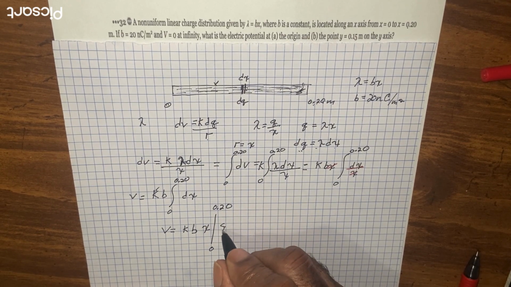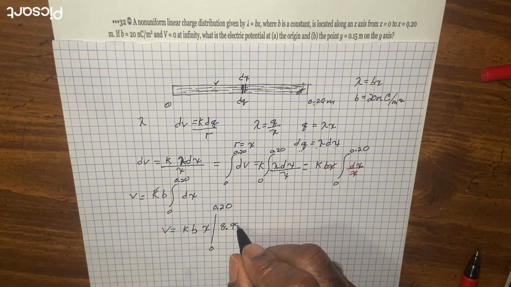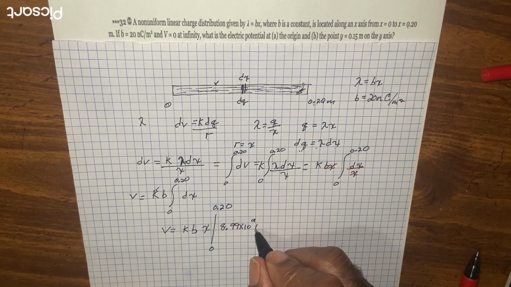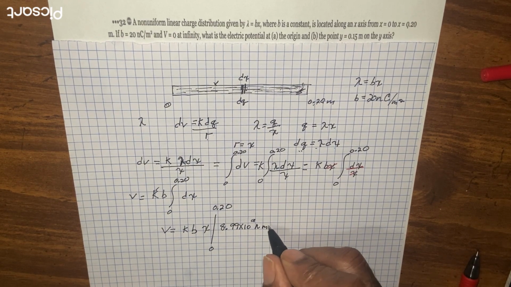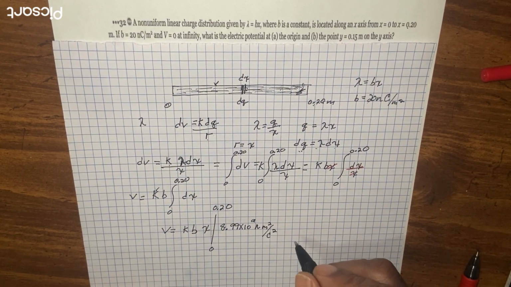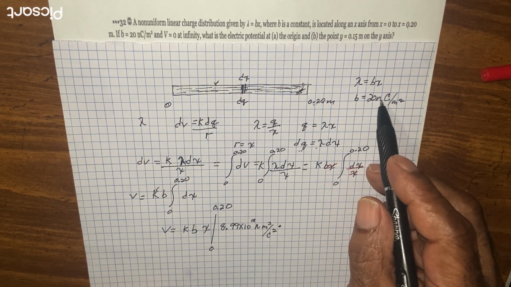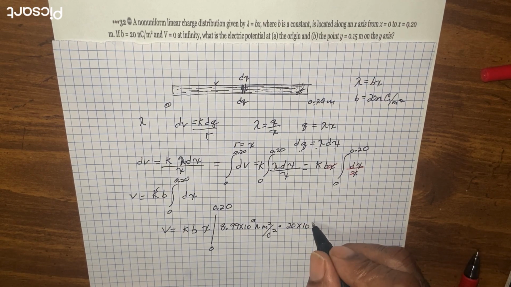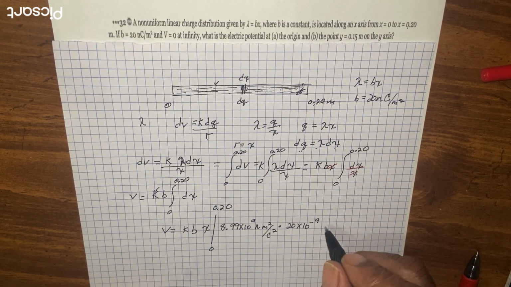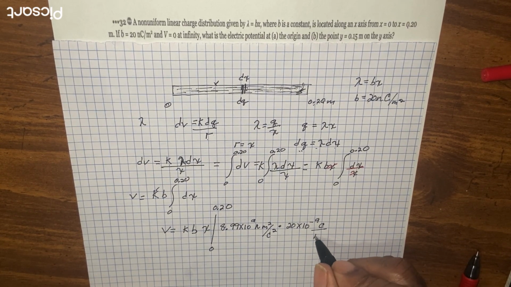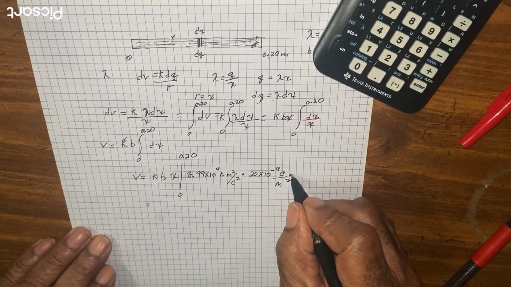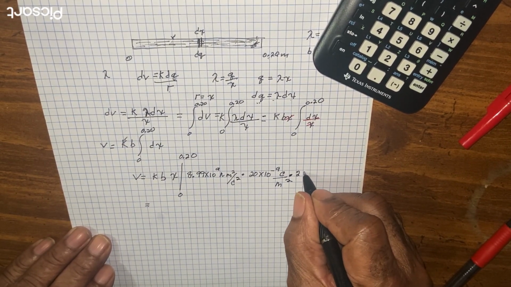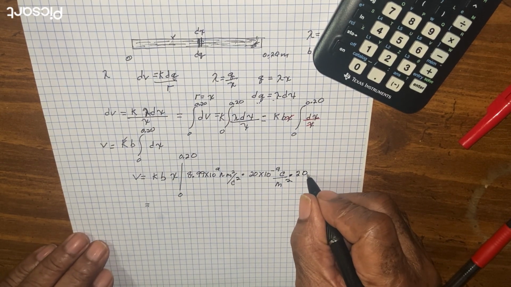K is 8.99 times 10 to the 9 newton meter squared per coulomb squared, times b, this is 20 nanocoulombs, so this is 20 times 10 to the minus 9 coulombs per meter squared, times our limit at x, which is 0.20 meters.